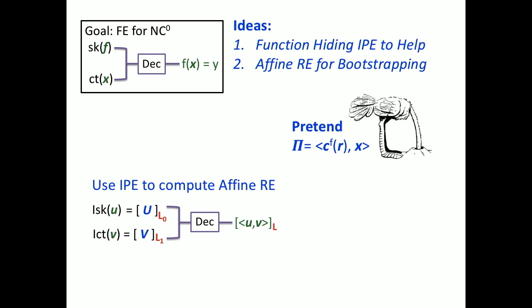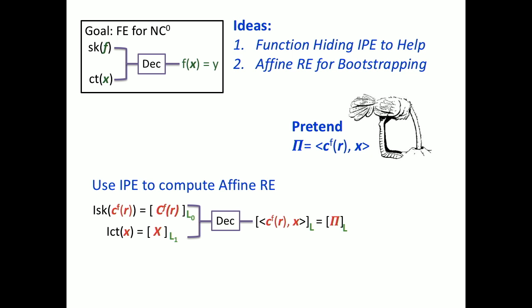So I don't have to worry about computing each one of those elements. And this element is an inner product. Well, everything fits. What else to do? Well, use this IPE: the secret key encodes the coefficient vector, and the ciphertext encodes the input. Great! If I publish this, when I decrypt, I will be able to get an encoding of the inner product, which is exactly an encoding of the randomized encoding. Makes sense. Seems like we have made progress.